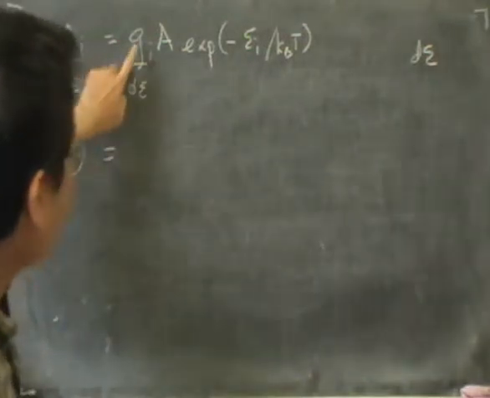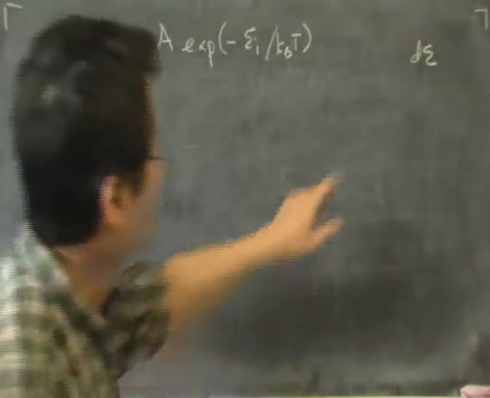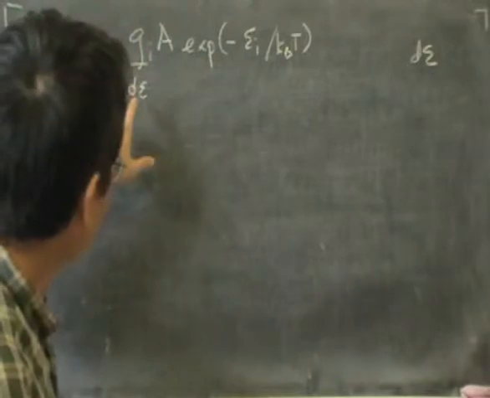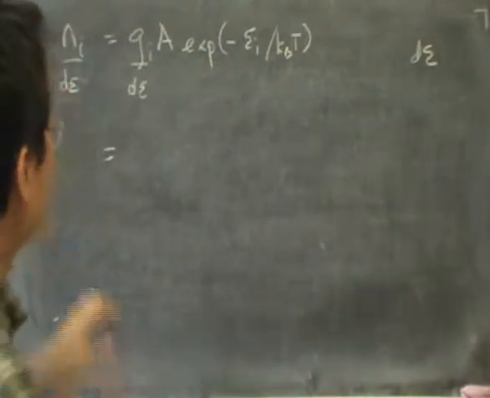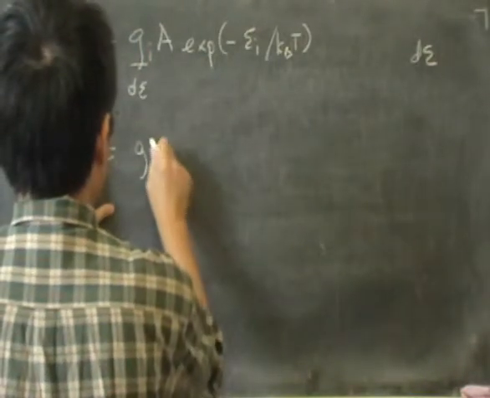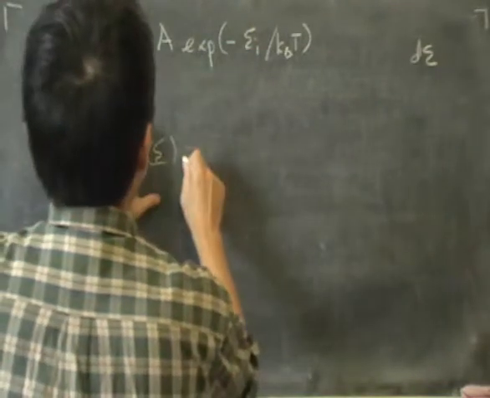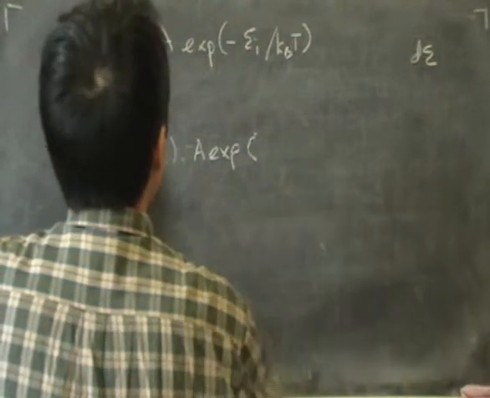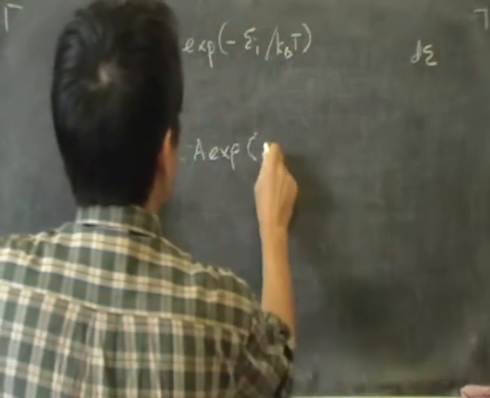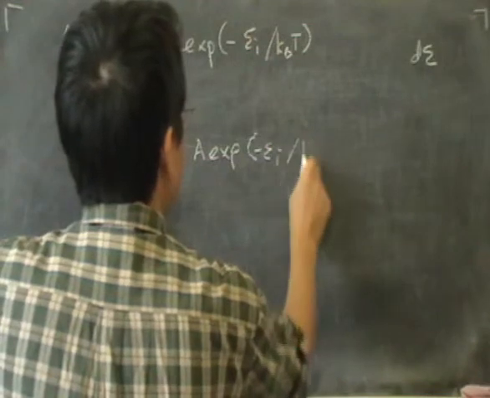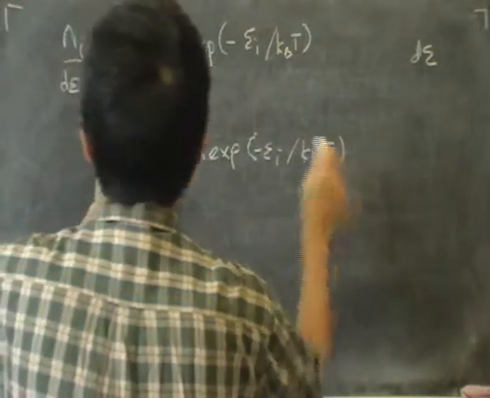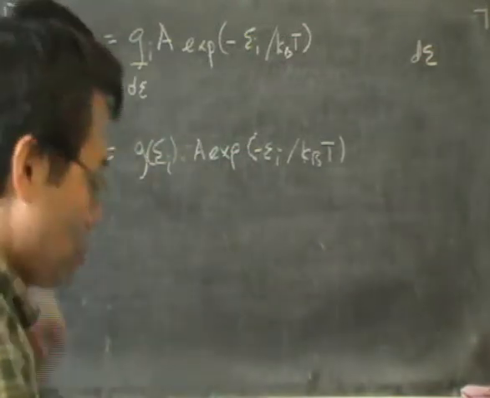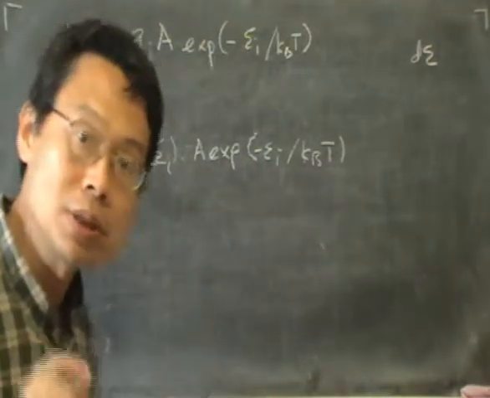If I do that, gi is the number of states in this energy interval. So if I divide this number of states by the energy interval, I get the density of states, g(e). So that's just that. A exp minus e over kBT. And in this case, Ni is the number of particles in the energy interval dE.